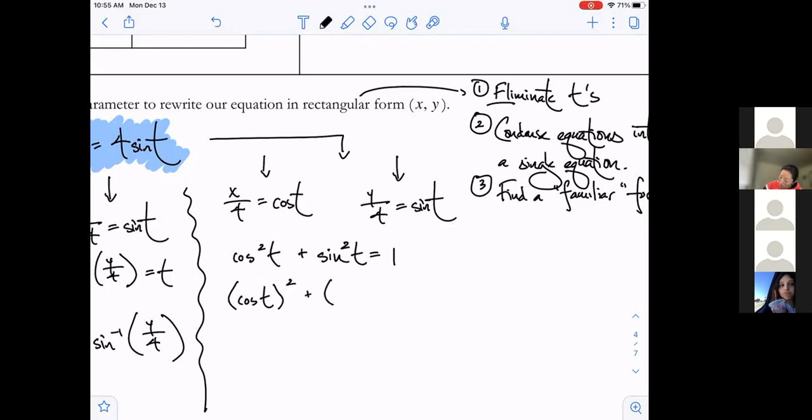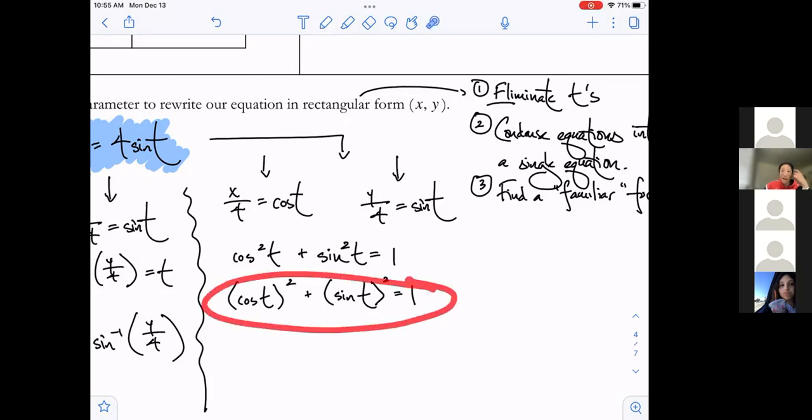And same thing here, we could write this as sine t squared. Now, if I write it like this, I might notice I have an expression for cosine t somewhere on this page.